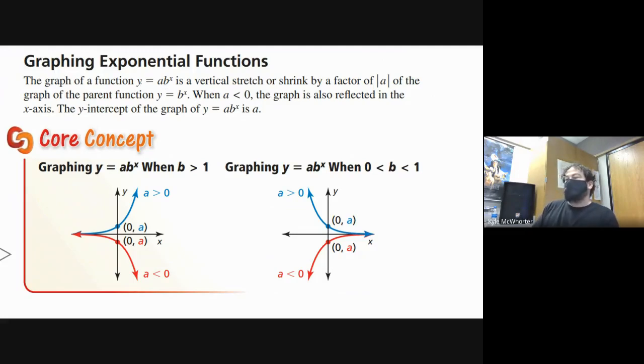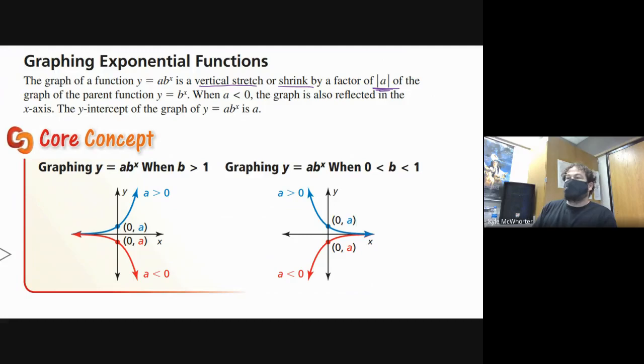So if you look at any function, the graph of y equals a times b to the x is a vertical stretch or shrink by a factor of absolute value of a of the parent function y equals b to the x. So the a part is either going to vertically stretch or shrink.